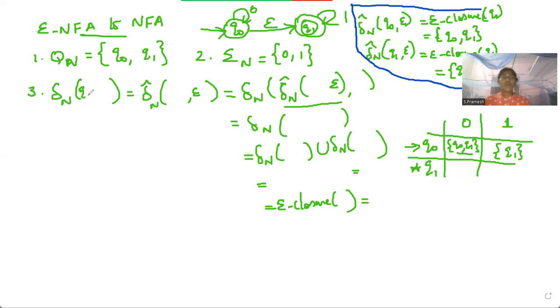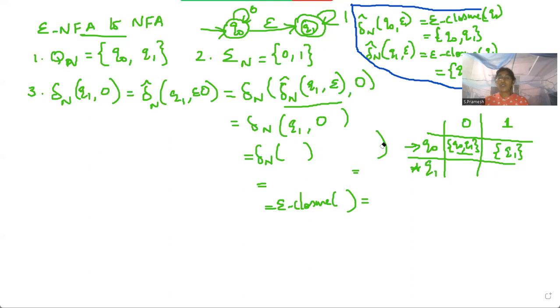Now Q1 comma 0. So Q1 comma empty 0, right? Same thing. It's actually very simple. Q1 comma empty, this is 0. So this value is actually E-closure of Q1. So that is Q1. So Q1 comma 0 alone. There is no union, right?